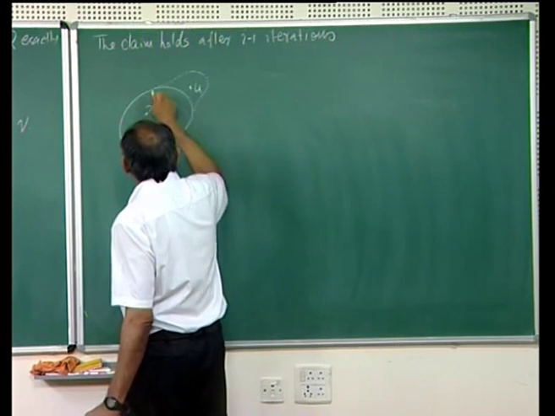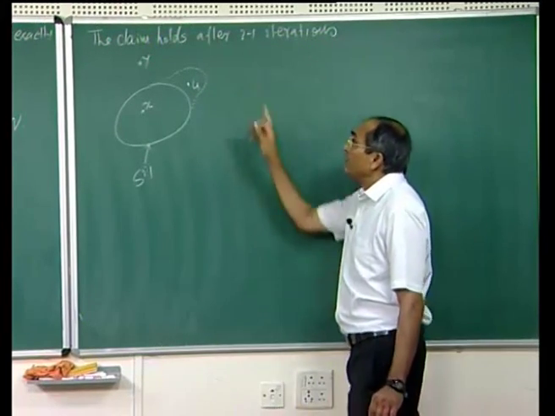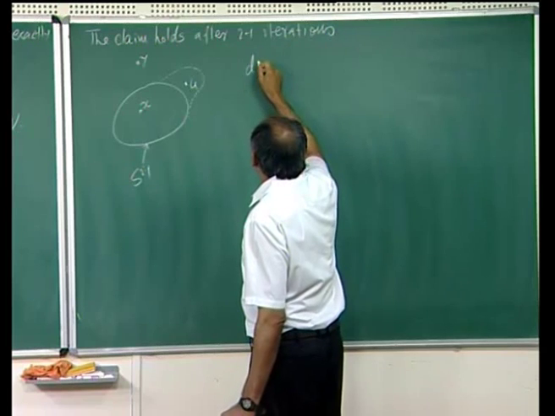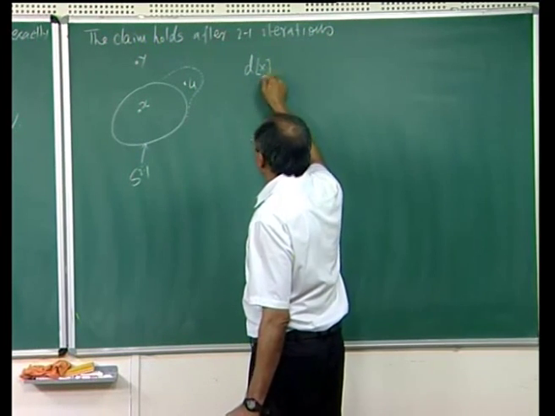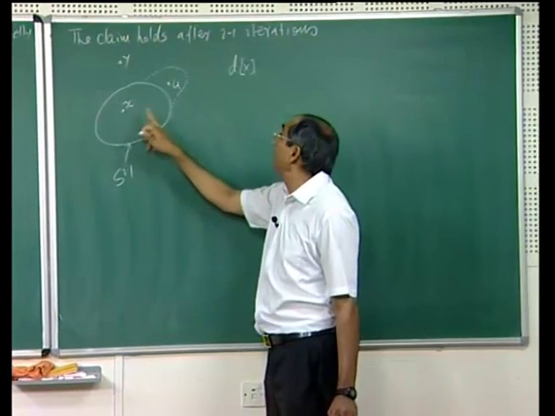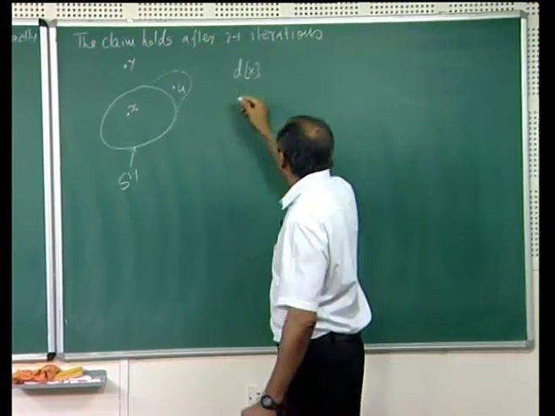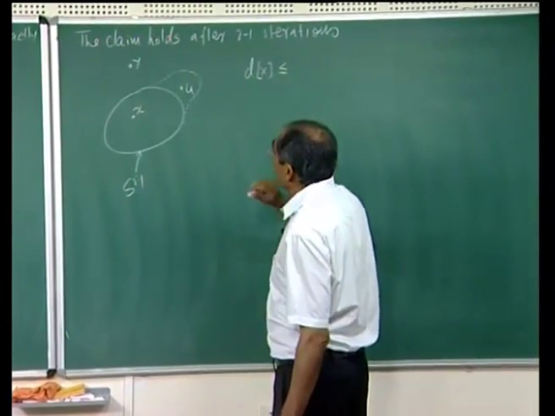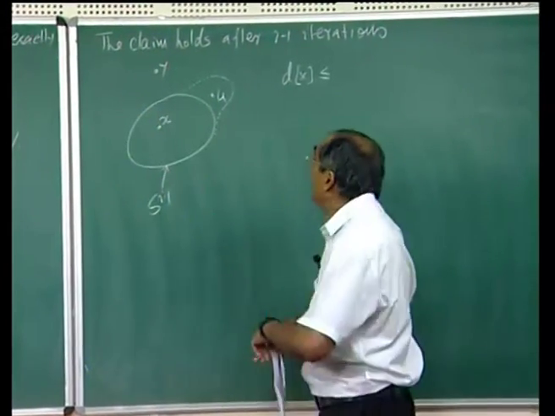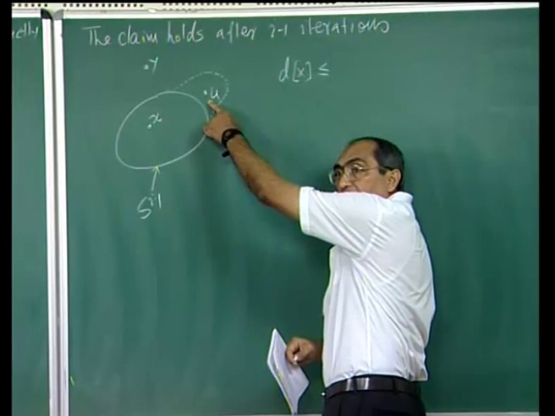Pick any x, any y here, then from this claim: d_x, remember the d values of these never change. So, I am going to denote d_x as the final value of x, the d value of x. This is less than or equal to the d_{i-1} values of all these, but by definition this is the smallest d_{i-1} value. This is how it is selected.